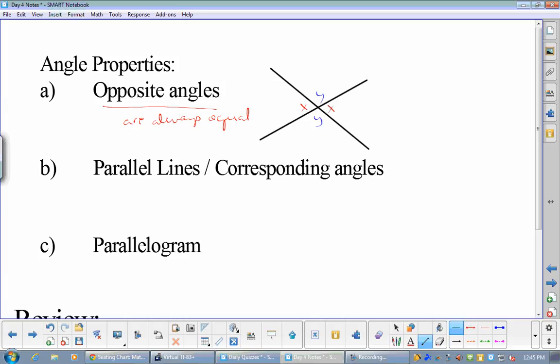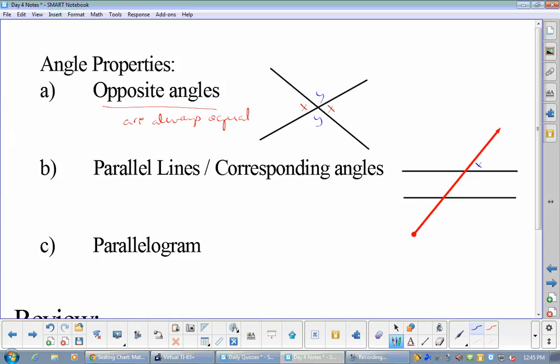Now parallel lines. If you had two lines that were parallel, it means they're running beside each other like railroad tracks, totally at the same level. With parallel lines, we're going to learn a lot of things, but if you cut them with what we call a transversal, a lot of things occur. This angle here would be equal to this angle here.